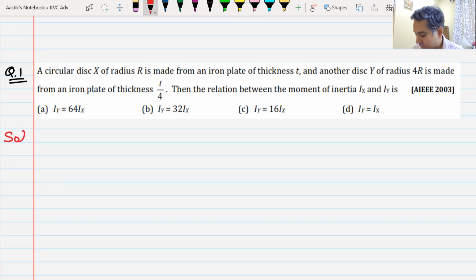Do it, sir. What did you do? You tell me that. What is the moment of inertia of a disk? MR square by 2. Moment of inertia of the disk about the central axis, MR square by 2. That's it. That is what you have to do.